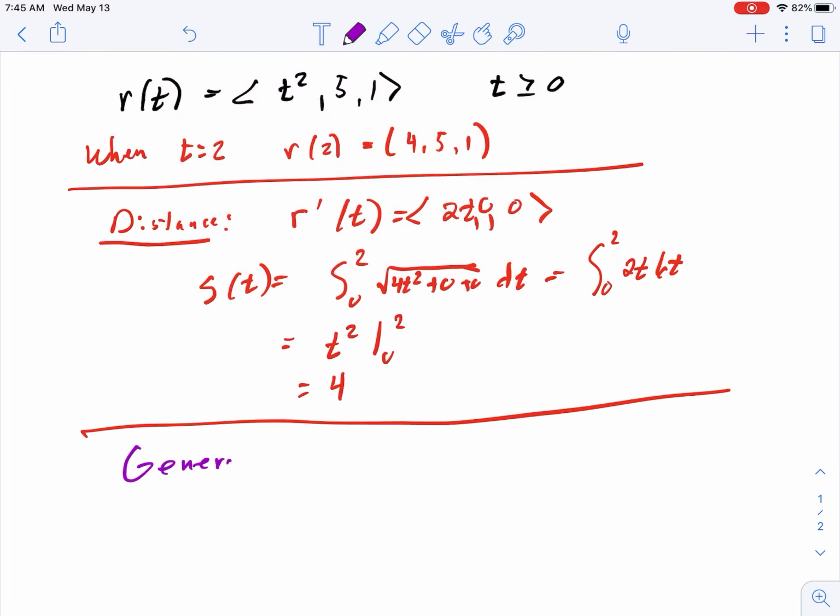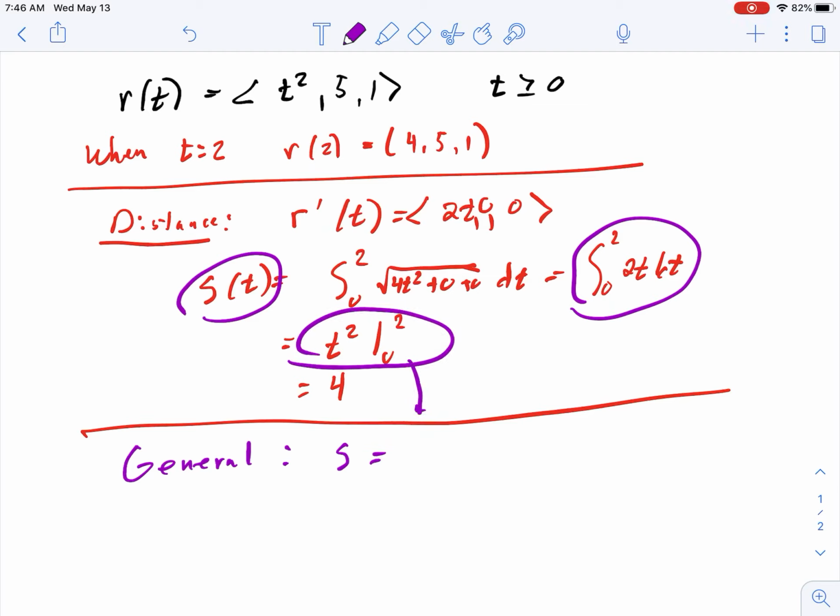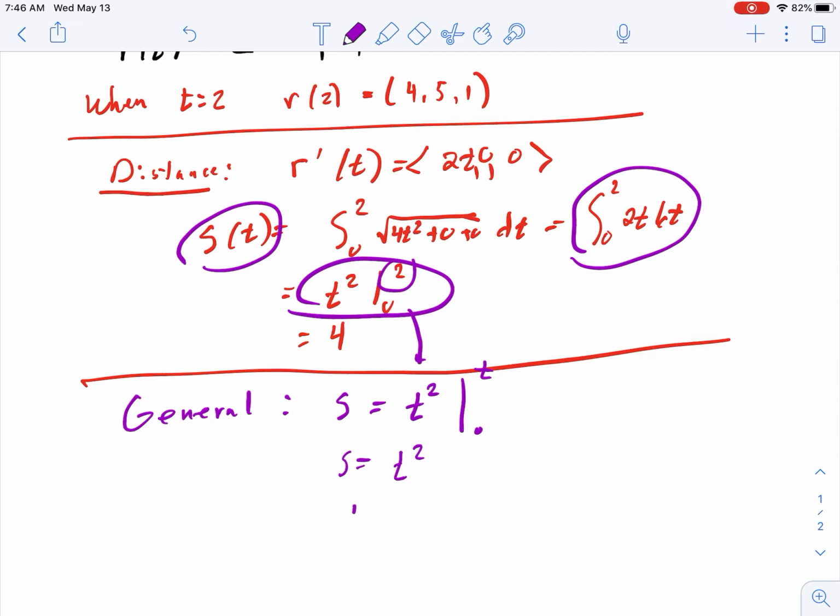Now let's take a general case. Let's just do this piece here since we already did it, but changing the limits: we have t squared from 0 to t, so s equals t squared, and therefore t is the square root of s.